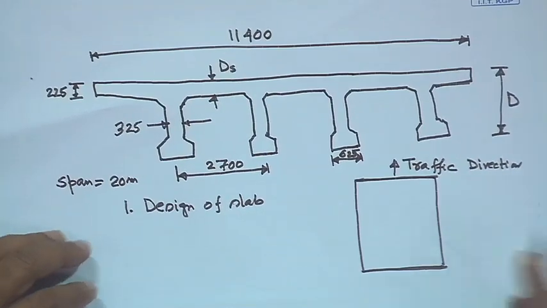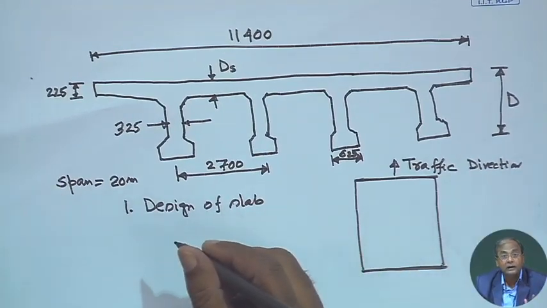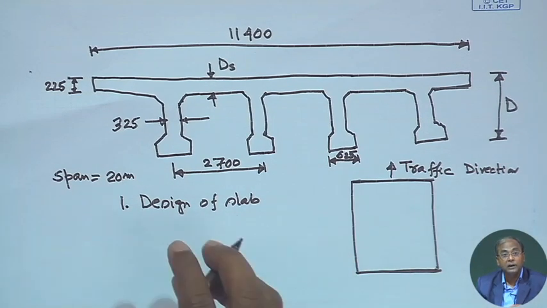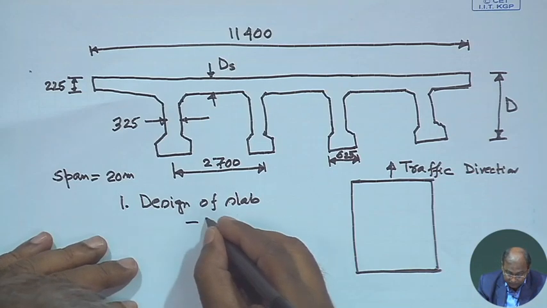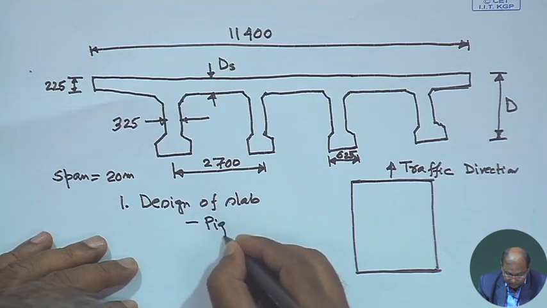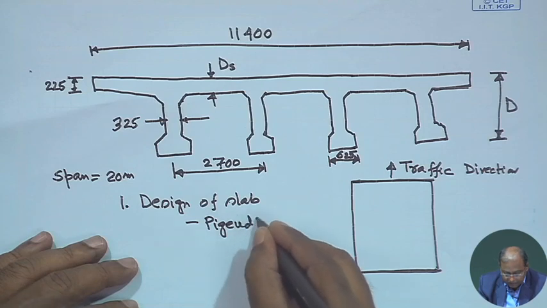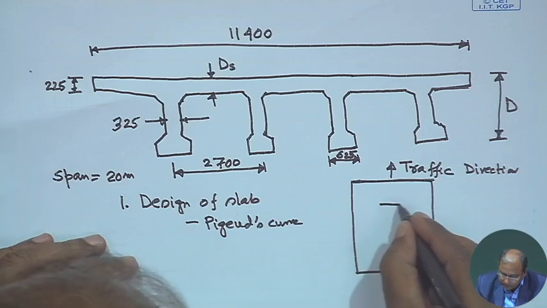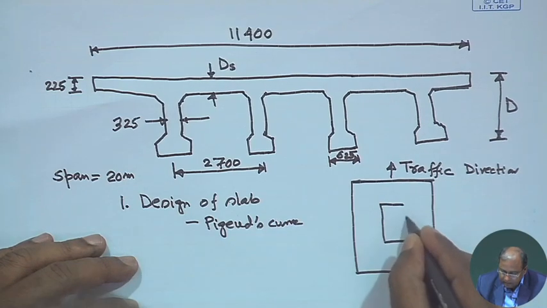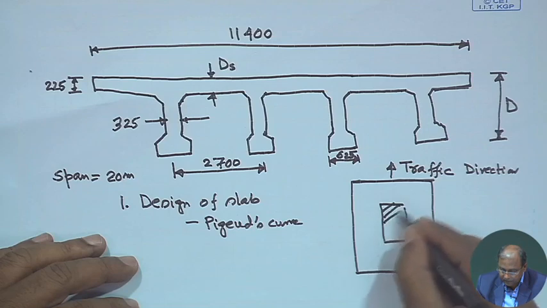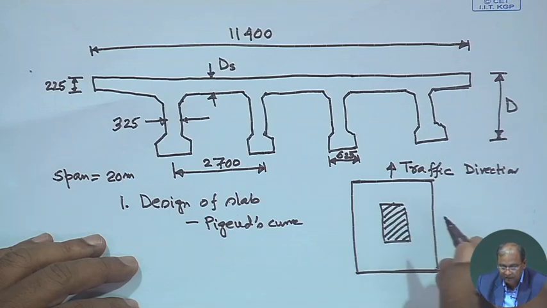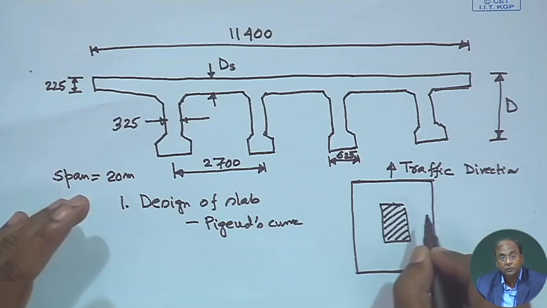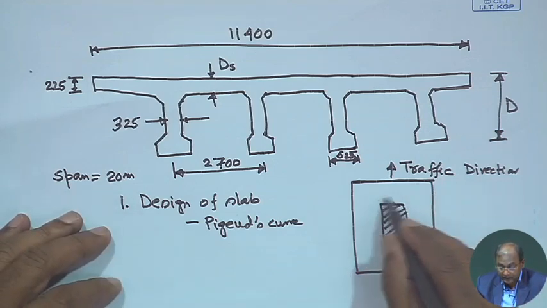For solid slab earlier we calculated the effective width and effective length. Here we use Pigeaud's curve, that is the first thing we do. That means, depending on the impression of tire or track, whatever the load, whether class A load, 70R tracked or wheel, or class A wheel, you will get the dispersion.